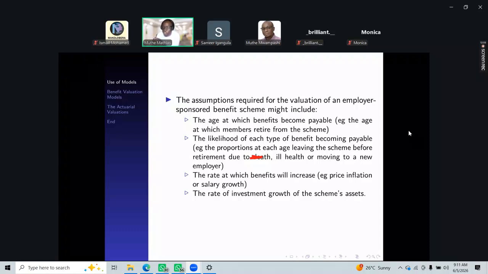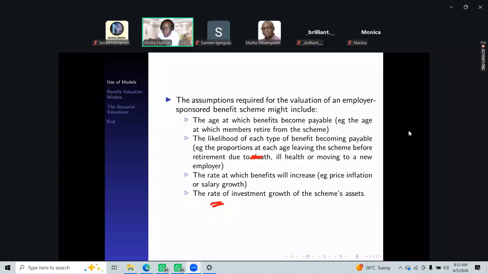You have to make assumptions about the growth rate of this benefit, and also about the rate of investment growth and stuff like that, right? So generally, we have demographic assumptions and also economic assumptions, which we need to make before we can do any kind of projections, right?